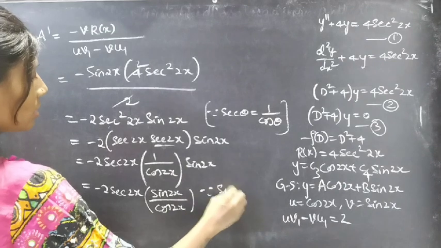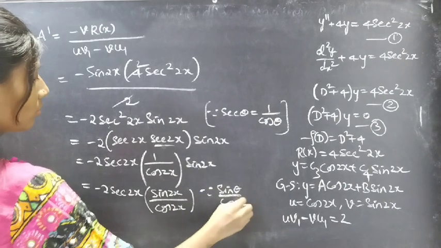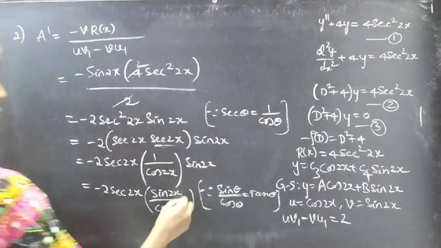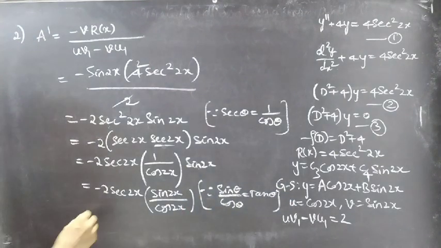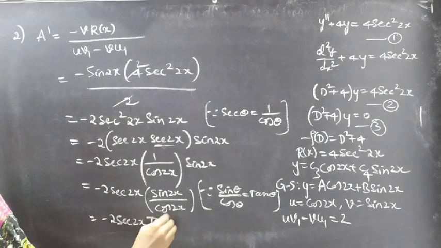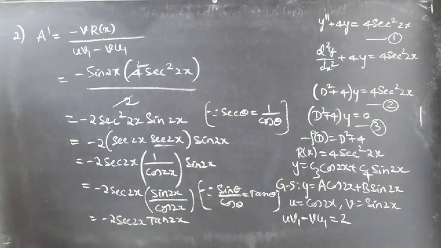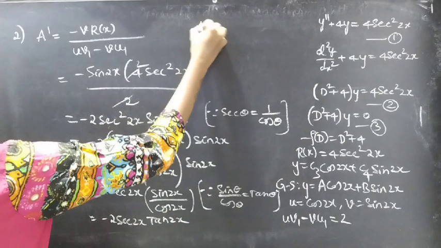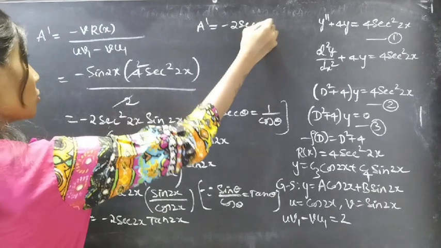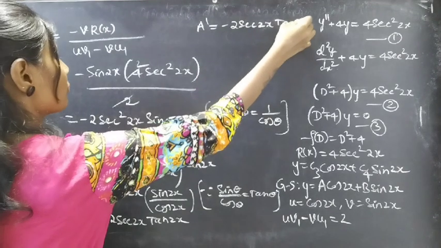Since sin theta by cos theta equals tan theta, just replace sin 2x by cos 2x with tan 2x. You'll get minus 2 secant 2x into tan 2x, right? Therefore, a dash equals minus 2 secant 2x into tan 2x.